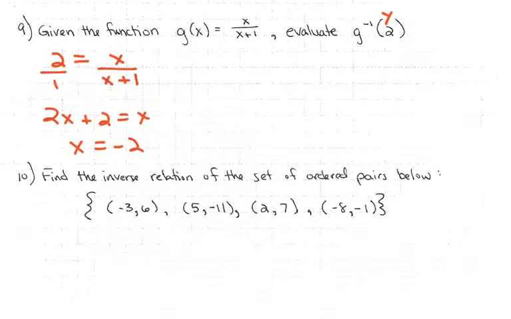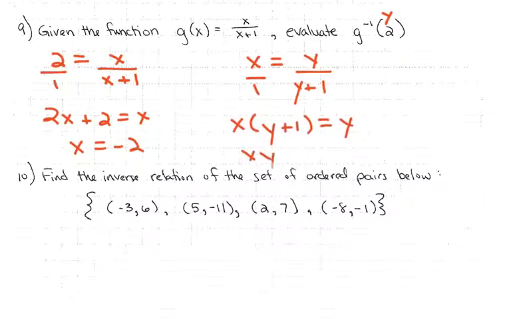The other way of doing it is to flip x and y, and then solve that equation for y to get the equation of the inverse, and then plug 2 in for the input. So you get x times (y plus 1) is equal to y. You get xy plus x is equal to y. I would get my y's on the same side.